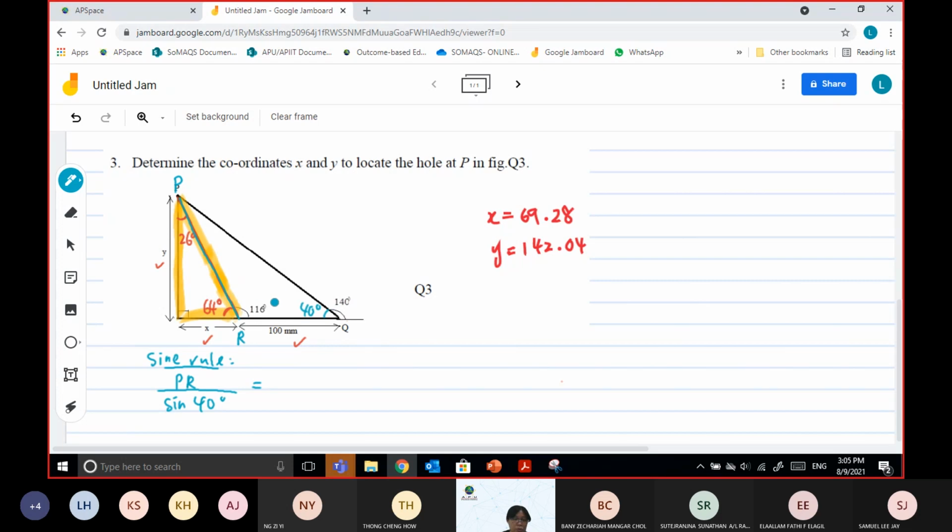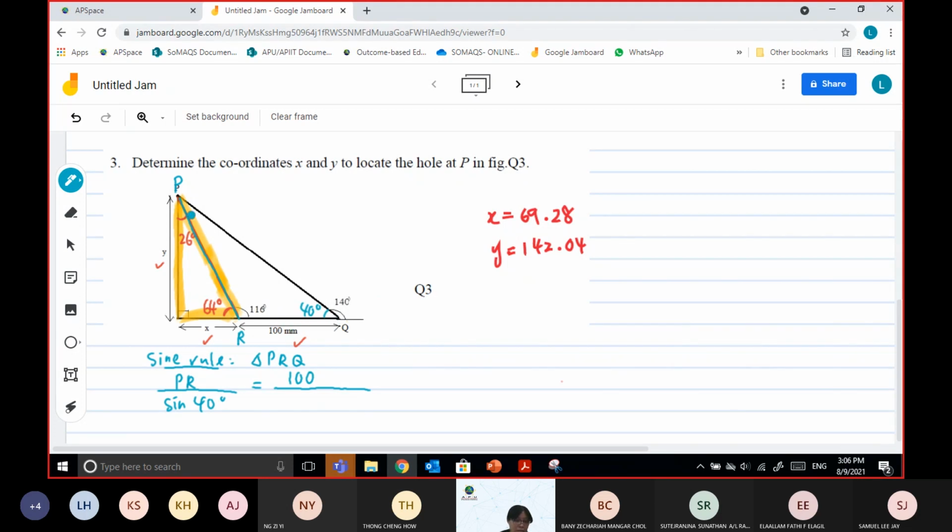It equals the other length that we know, which is 100 mm, in triangle PRQ.